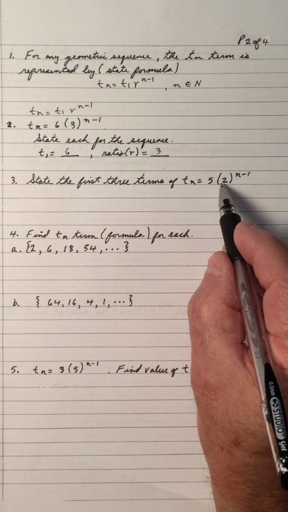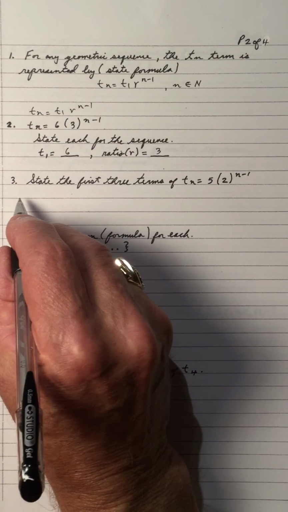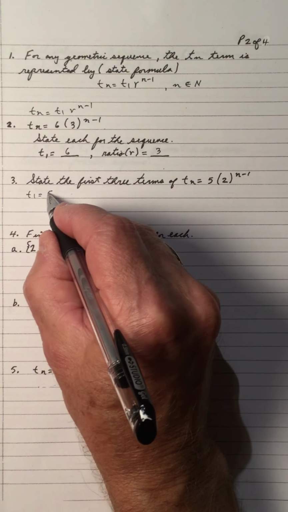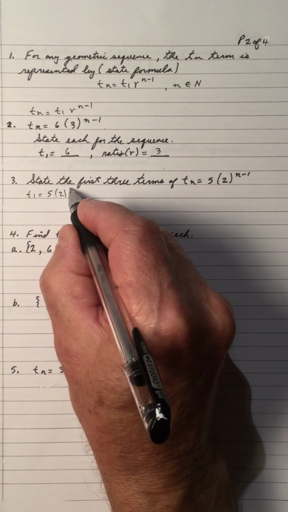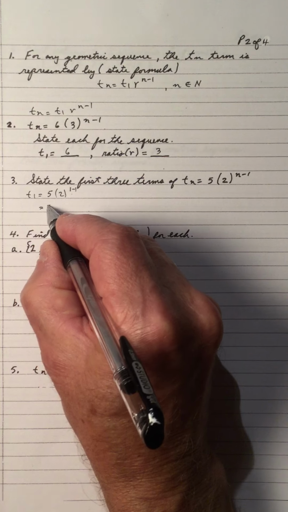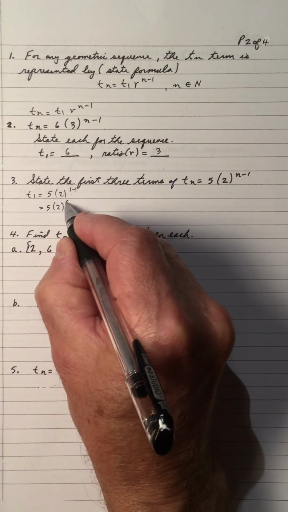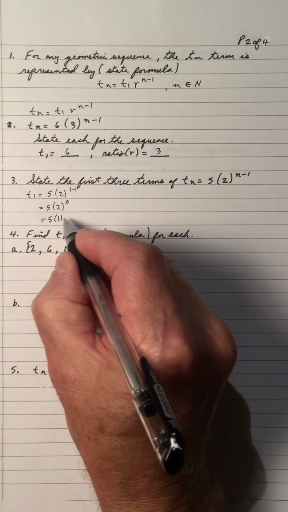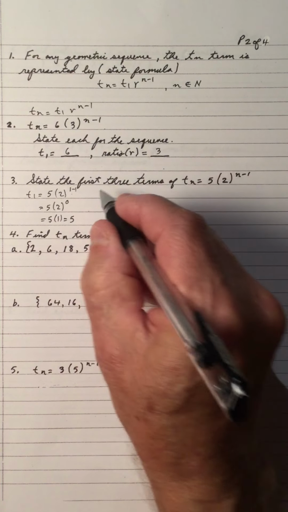Tn equals 5 times 2 raised to the n minus 1. So T1 would be 5 times 2 to the 1 minus 1, which is 5 times 2 to the 0. 2 to the 0 is 1, so that's 5.